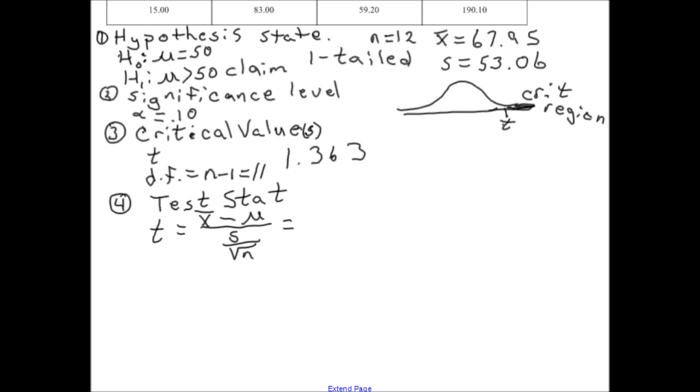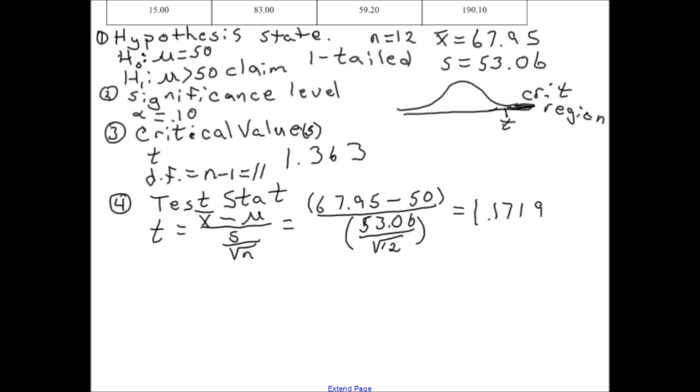For this example, that's 67.95 minus our 50 over 53.06 over our square root of 12. Calculating that out, you will get 1.1719.